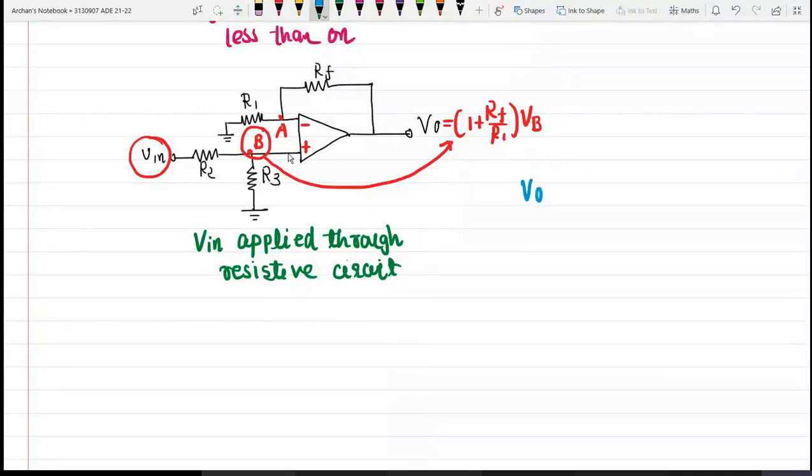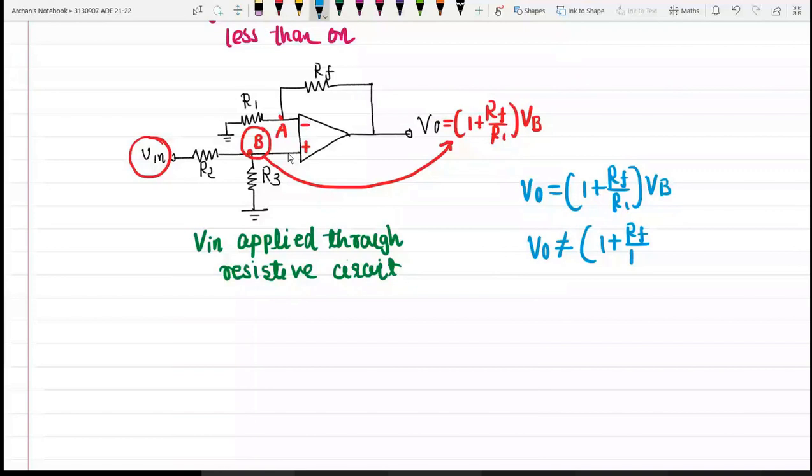V0 is equal to 1 plus Rf by R1 times Vb, which is not equal to 1 plus Rf by R1 times V in. Okay, this is the difference between the previous non-inverting amplifier and the present non-inverting amplifier.